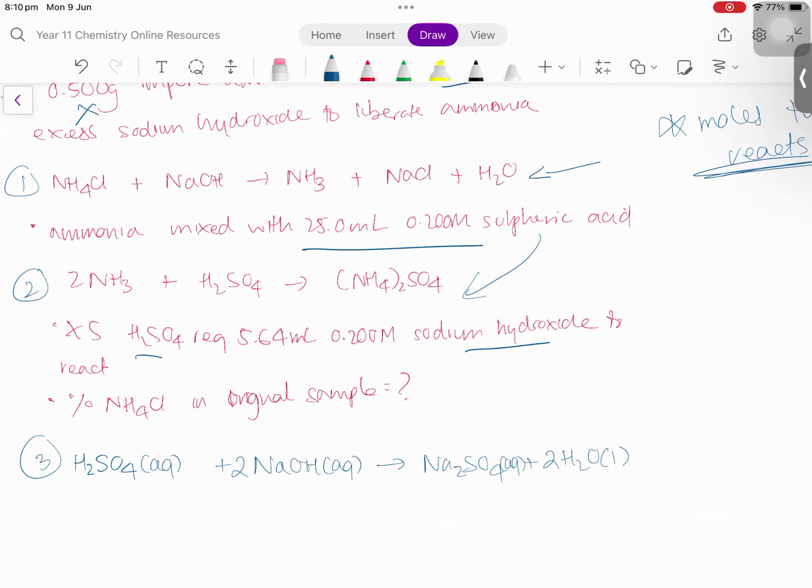Does any of the sulfuric acid go on to do anything else? Good, exactly. The question doesn't tell you that ammonia reacted completely with 25 mL of 0.2 molar acid. It just mixed with it.